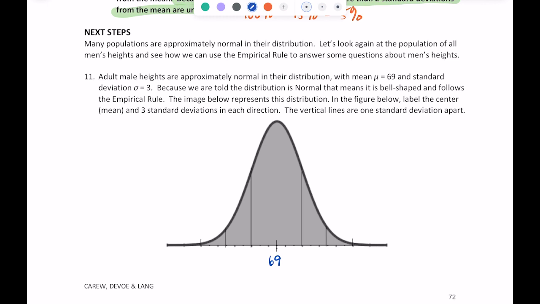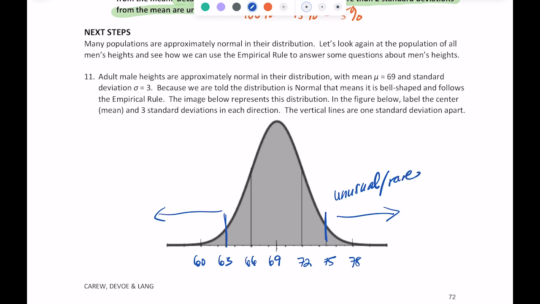So 69 plus 3 gives us 72 inches, plus 3 is 75 inches, plus 3 is 78 inches. And then 69 minus 3 is 66 inches, minus 3 is 63 inches, and then minus 3 is 60 inches. Again, anything outside of the 95%, anywhere this way or this way, is considered unusual or rare to find for a height of that size.